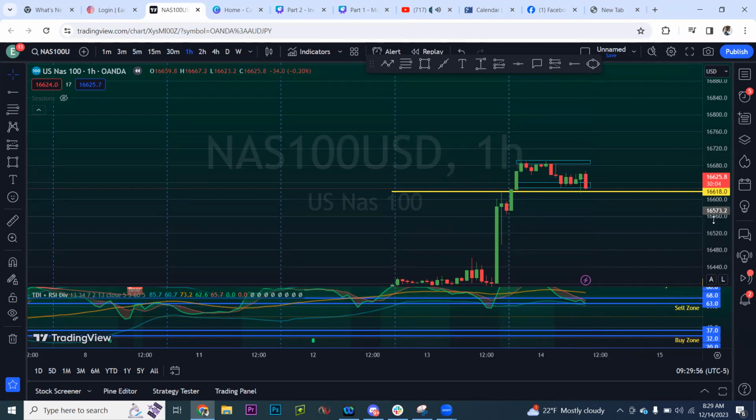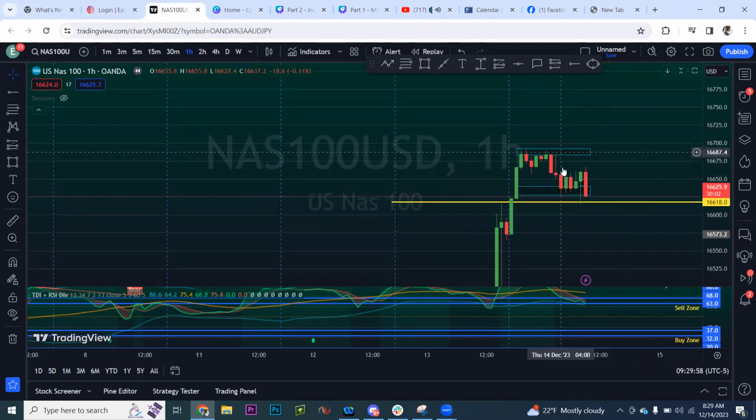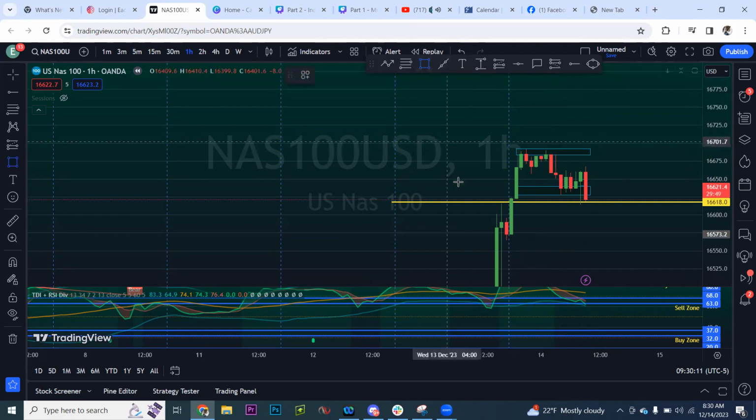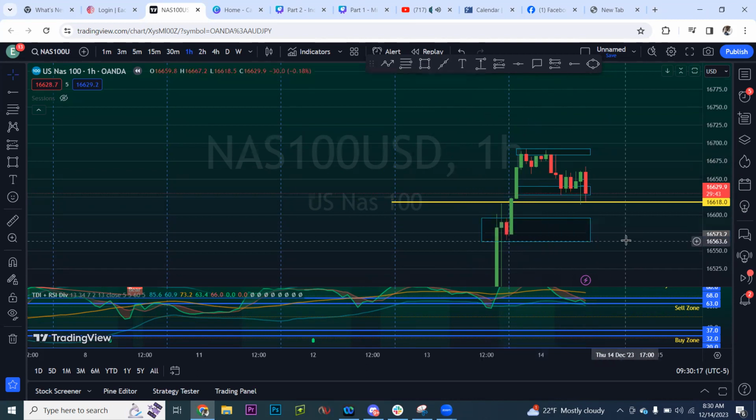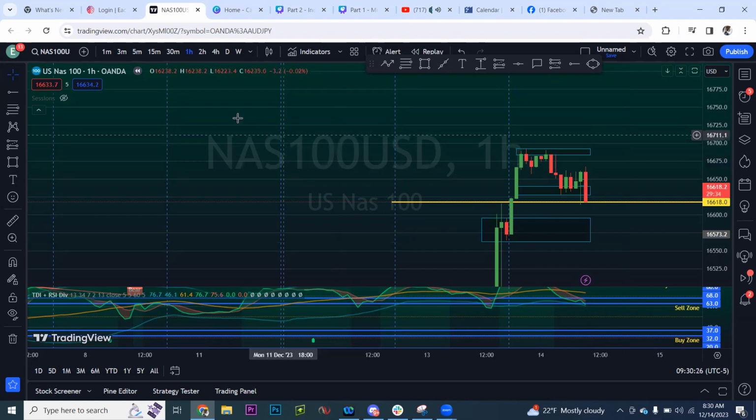So now if we want to mark the zones from this 1 hour time frame, remember we marked from the 15, but we already have the resistance here and we have the support here, based off the hour time frame. So we can go down from here.